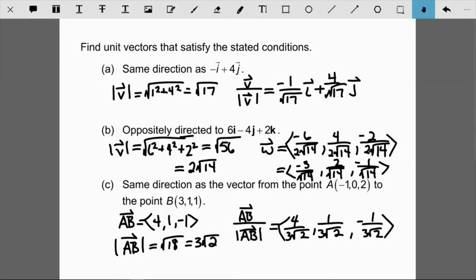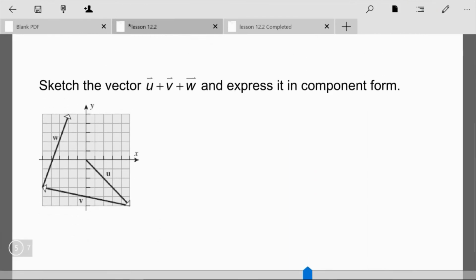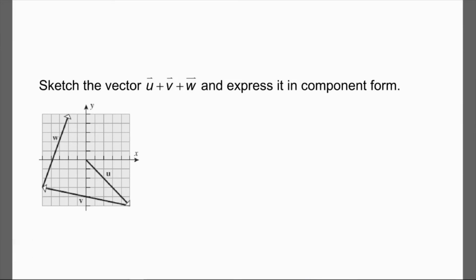Okay, so let's take a look at this last problem. On this last problem, it says sketch the vector u plus v plus w and express it in component form. Okay, so really everything is shown in this graph.